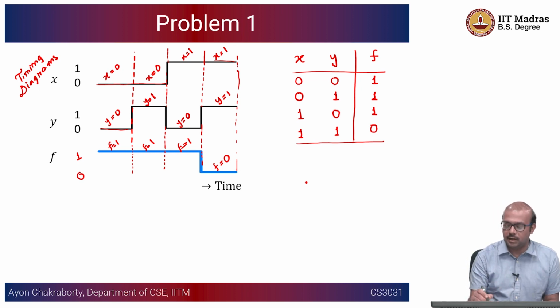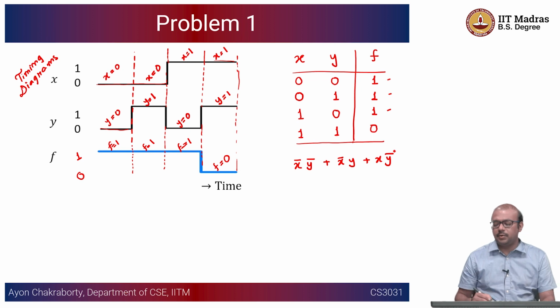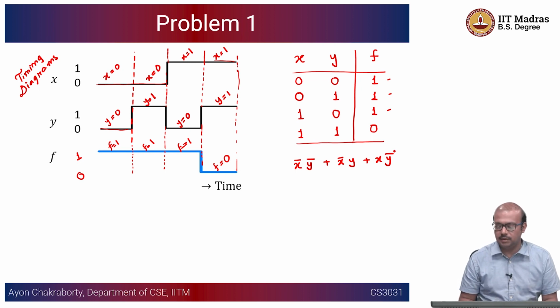So if you just follow the regular recipe, this is going to be x bar y bar, I am choosing these three min terms, plus x bar y, plus x y bar. Okay, so you can do further simplification, and I'll leave this up to you.